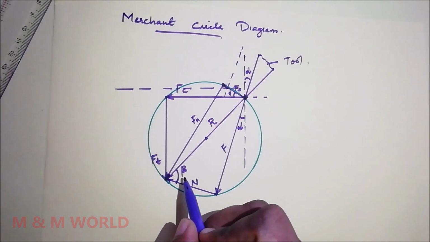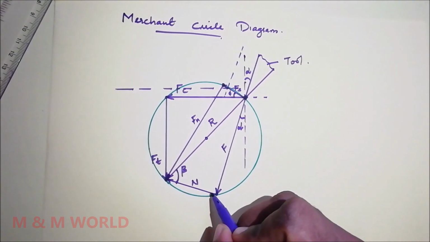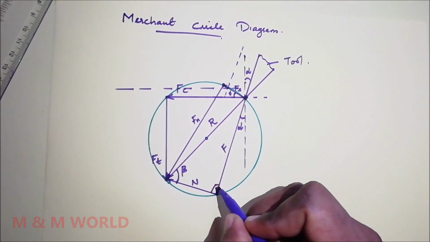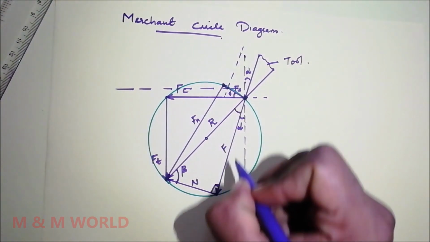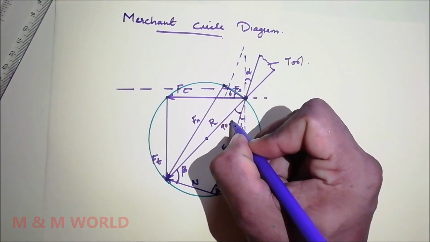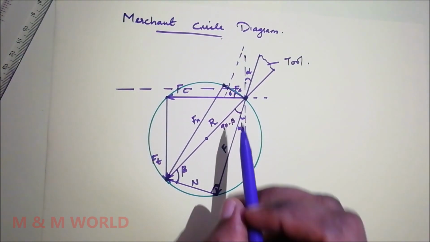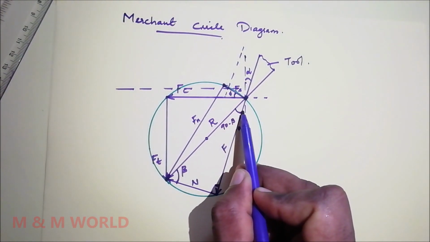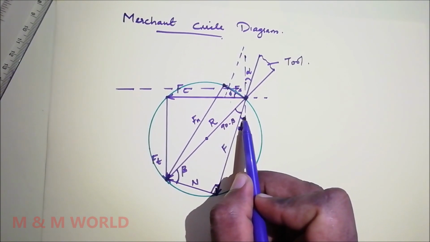So this angle is beta, this angle is alpha, this is 90 degree. So what will be this angle? This angle will be 90 minus beta. And we know that this angle is 90 degree.